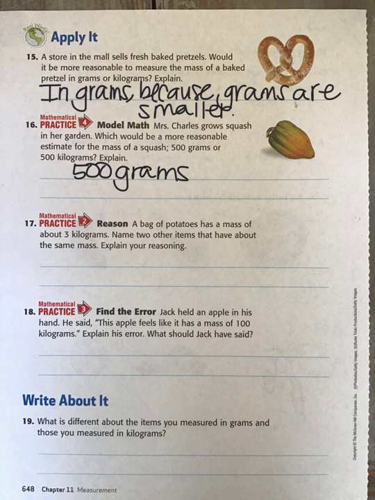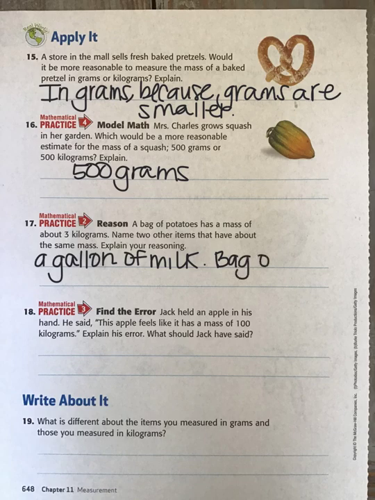I could guess maybe a gallon of milk. Okay, what else could we estimate? What about when you go to the grocery store, maybe your mom gets a bag of apples? Those would be my 2 guesses.